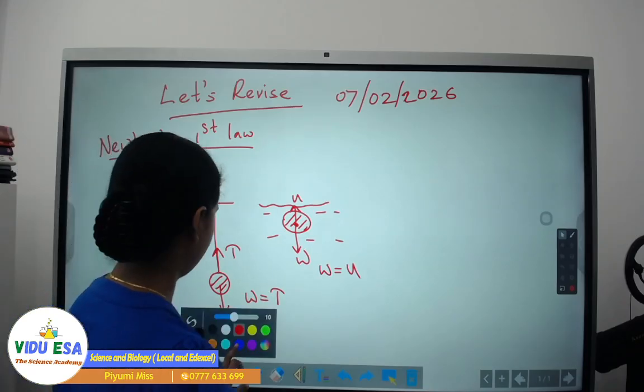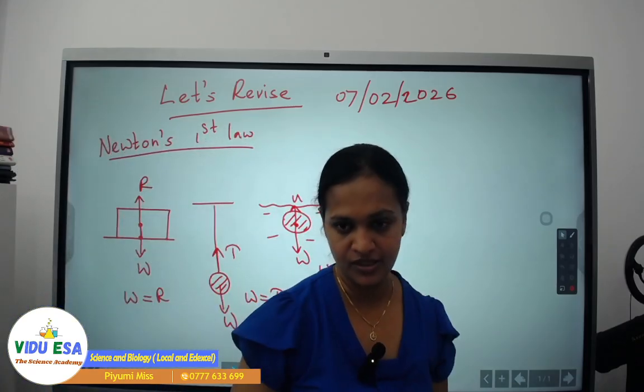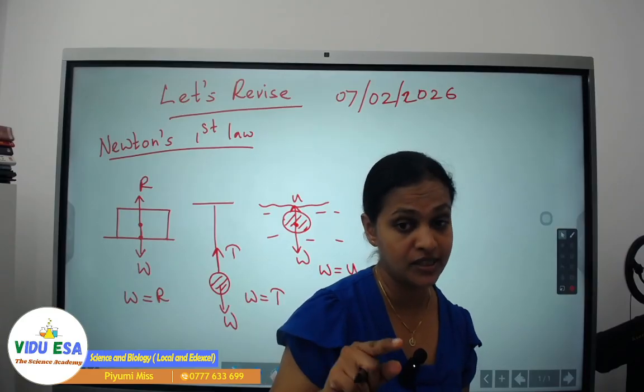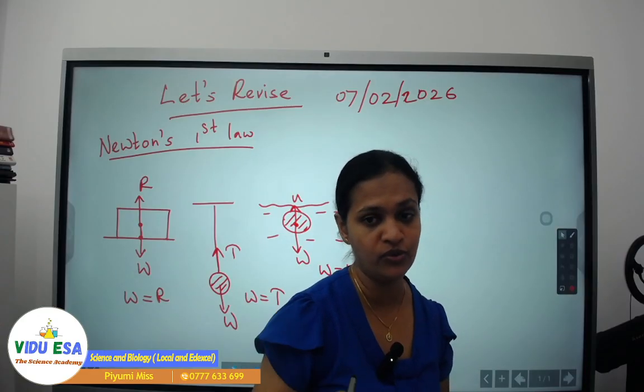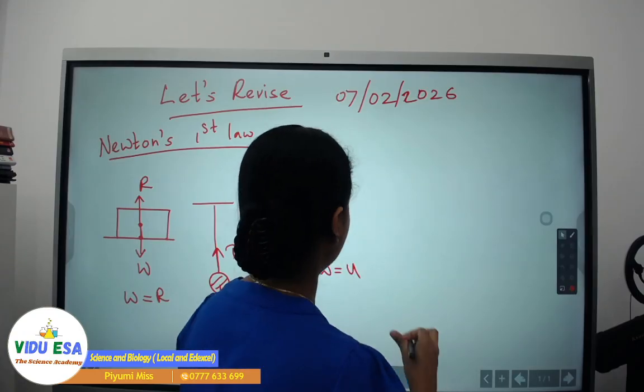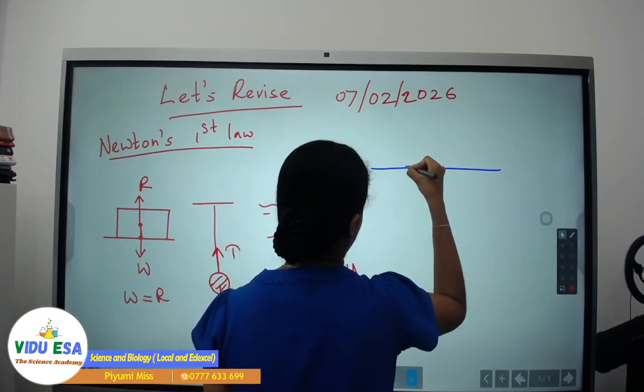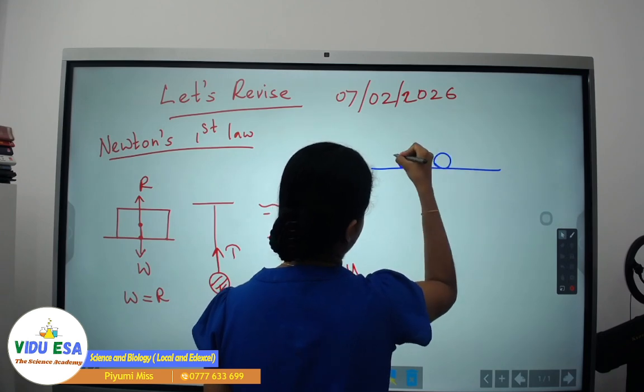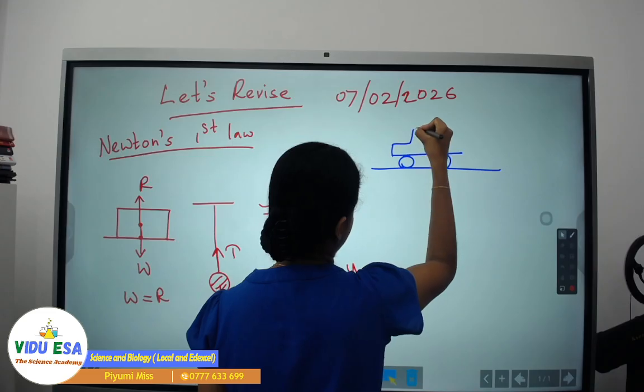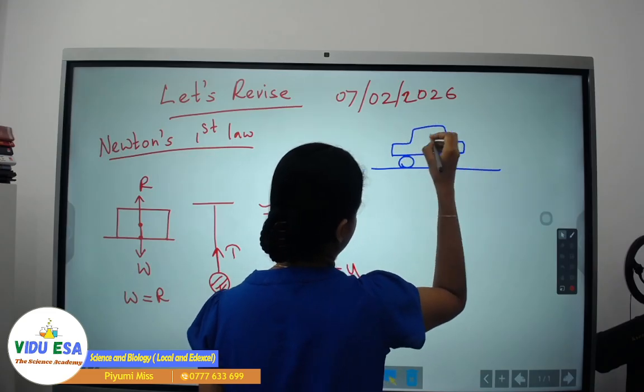Next he mentioned that if there is no unbalanced force acting on an object, the objects which are moving will continue to move in a uniform velocity. For example, if we consider a vehicle which is traveling, the force exerted by the engine is known as the thrust.